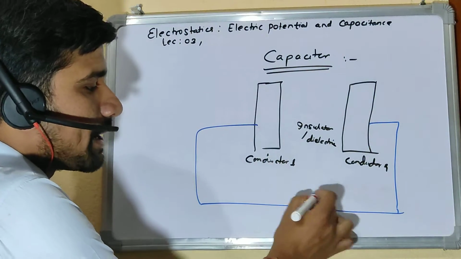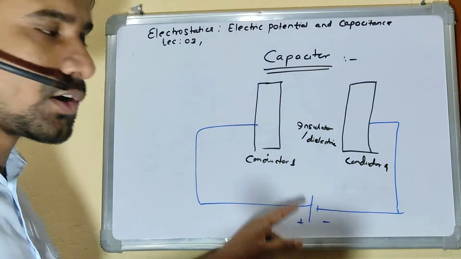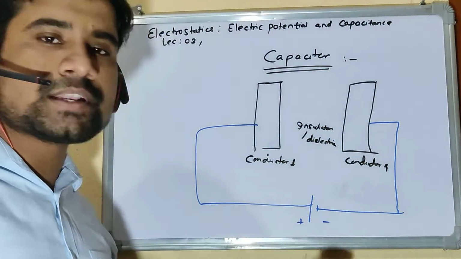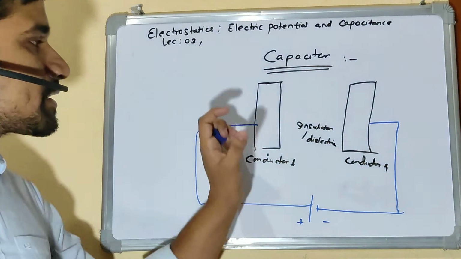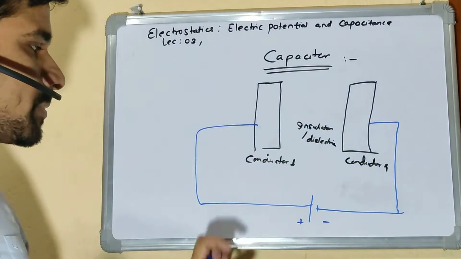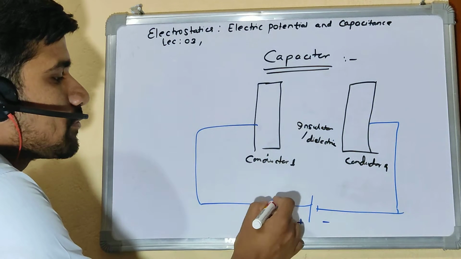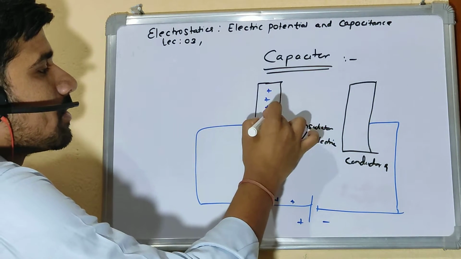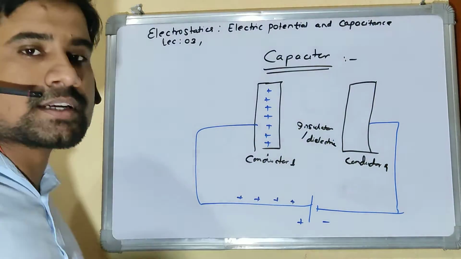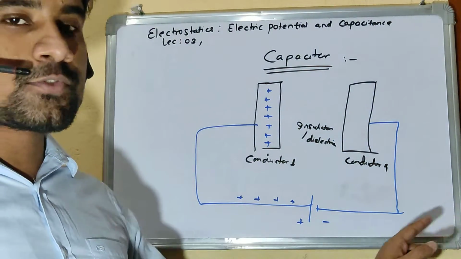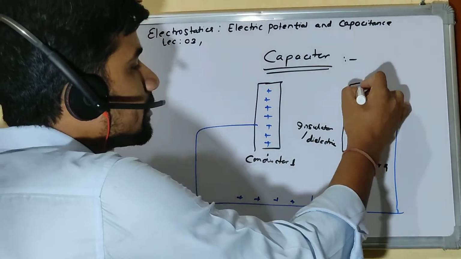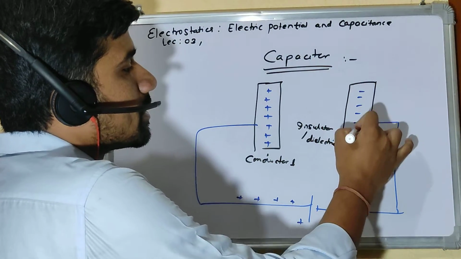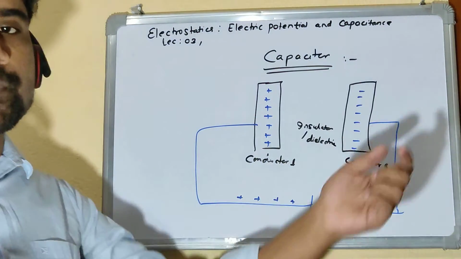This is the symbol of a battery. One long terminal is the positive terminal and the short terminal is the negative terminal. So when this capacitor is connected to this battery, the plus charges will flow through the positive terminal of the battery and deposit on one plate of this conductor. The negative charge will flow from the negative end of the battery and merge on the other plate of the capacitor.